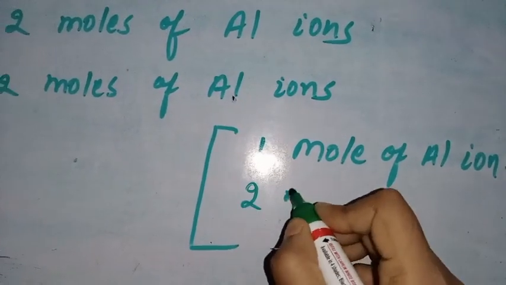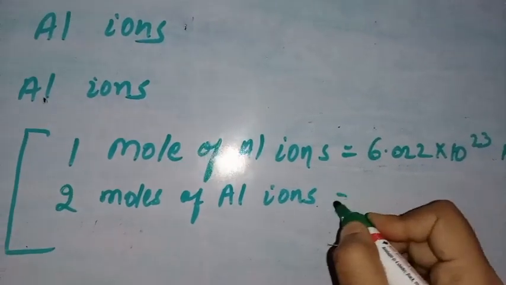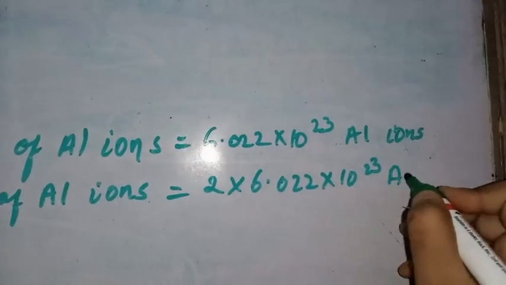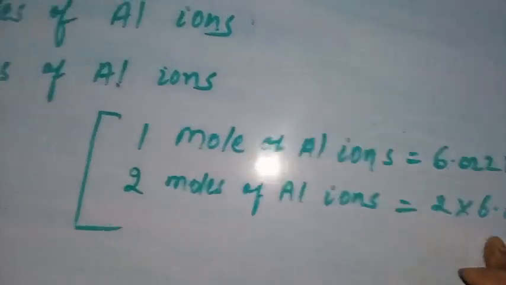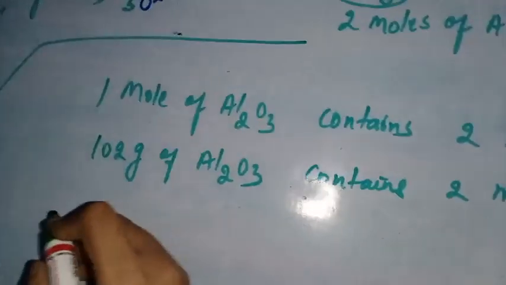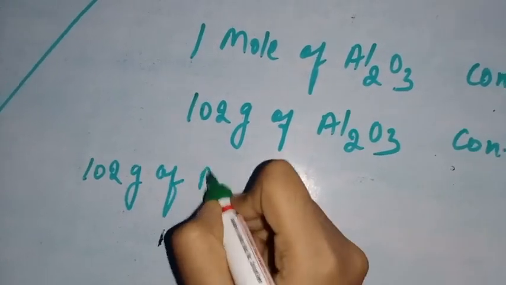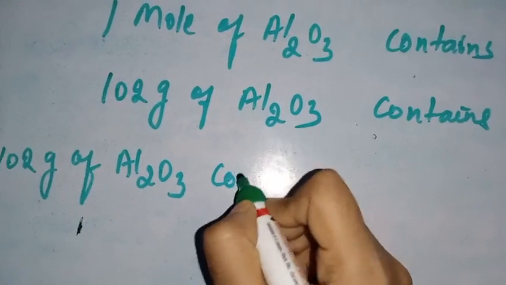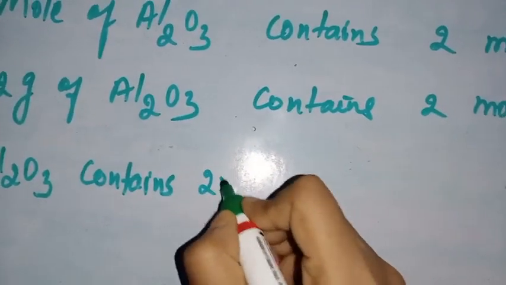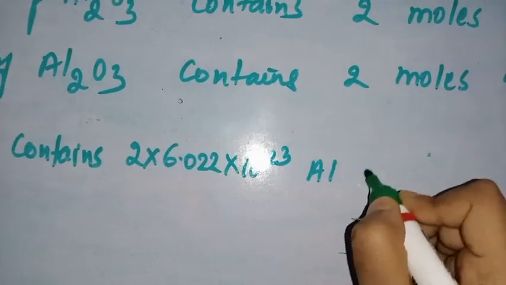So 2 moles of aluminium ions will be equal to 2 into 6.022 into 10 to the power 23 aluminium ions. We put this value in place of 2 moles of aluminium ions. So the same sentence can be written as: 102 gram of aluminium oxide contains 2 into 6.022 into 10 to the power 23 aluminium ions.